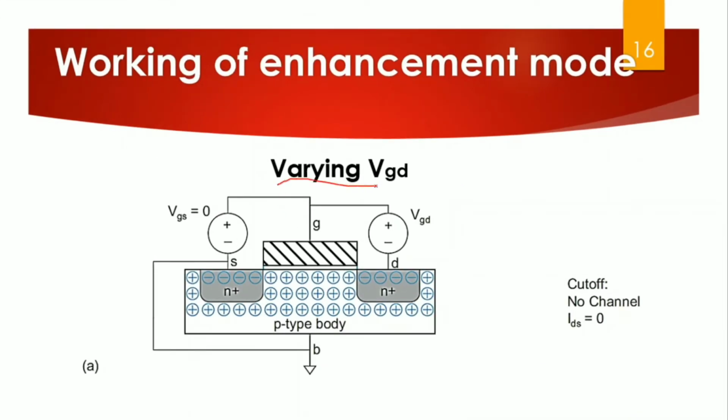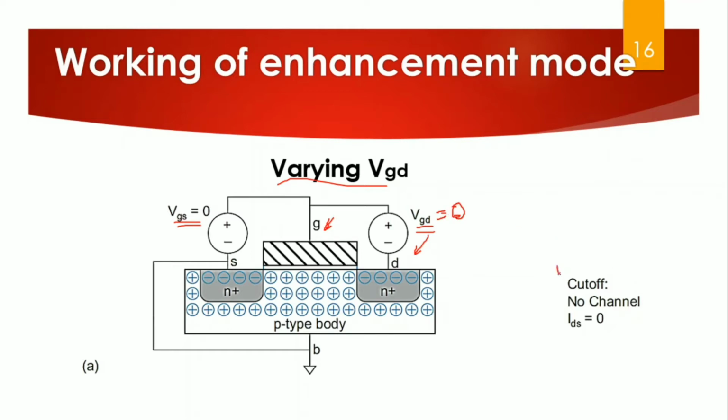Now, if I start varying VGD, what is VGD? VGD is the voltage applied from gate to drain. When I apply VGD, the voltage across the channel will vary. Initially, I'll make VGS equal to 0 and VGD also equal to 0.